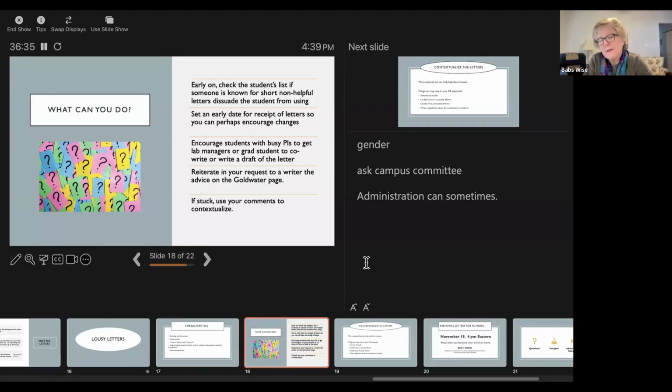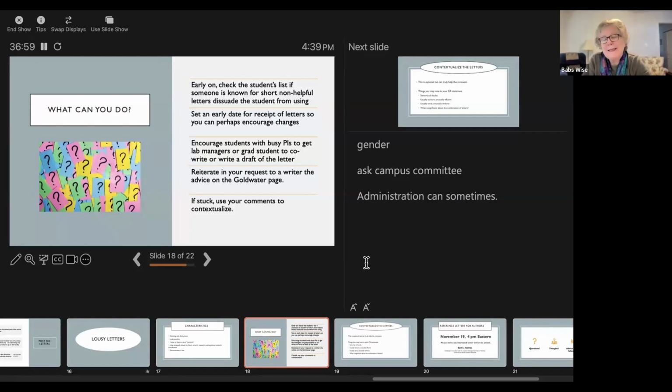again, define for the letter writer what Goldwater's looking for. That will really help. If they don't speak to the student's heart for research, or how they perform in research, you can go back to them and say, would you mind adding a sentence or two that would talk about this?